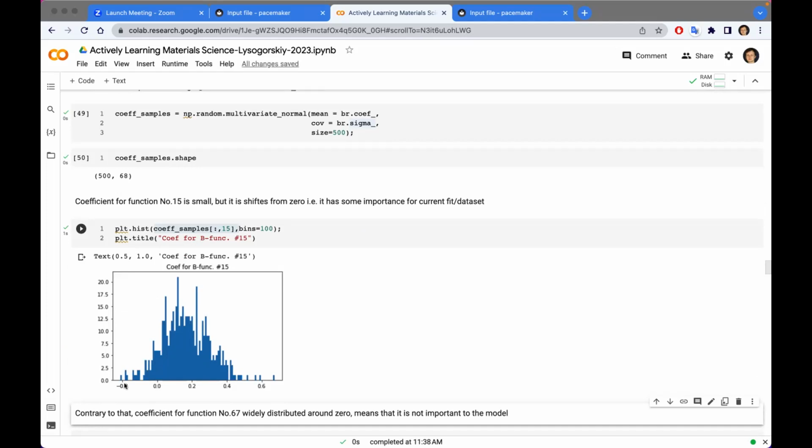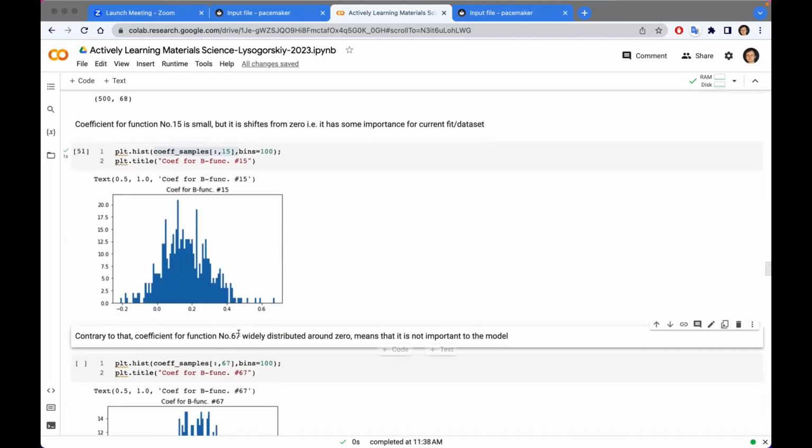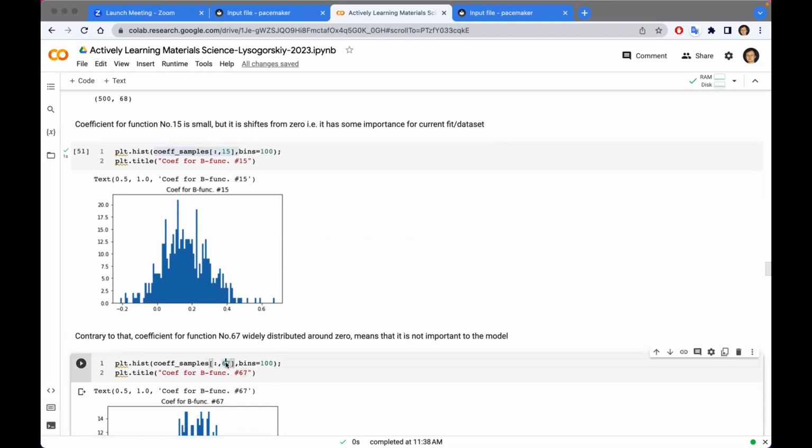So it's, let's say, a small probability that it really occasionally has a non-zero value. So most likely this is a really important function, number 15, because its distribution is shifted away from 0. That's a question of interpretation; we would not go too deep into that. Contrary to that, for example, consider function number 67.